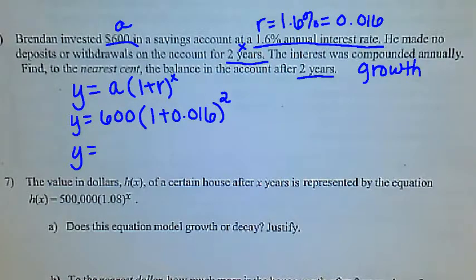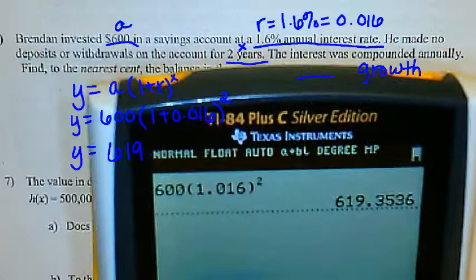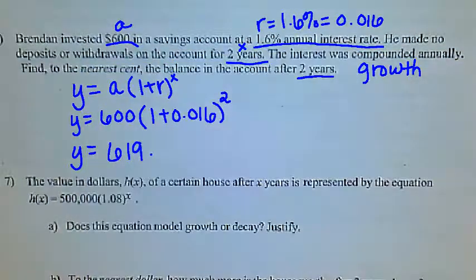Remember, we don't deal with anything that is not a decimal. Okay, so when I put that into my calculator, I got 619.3536. Okay, so it's going to be 35 cents.